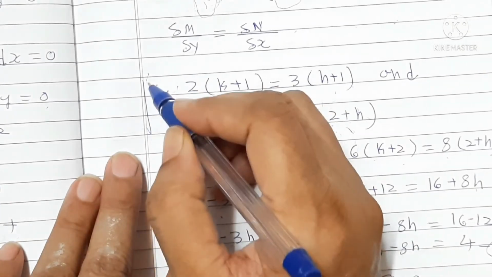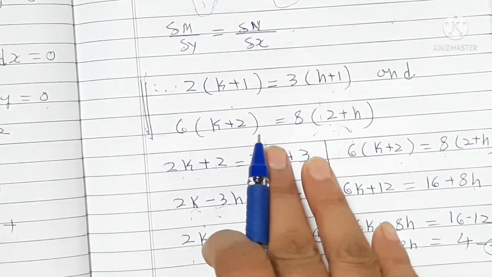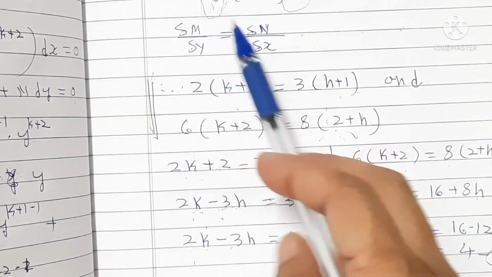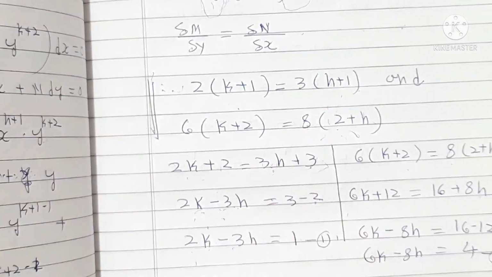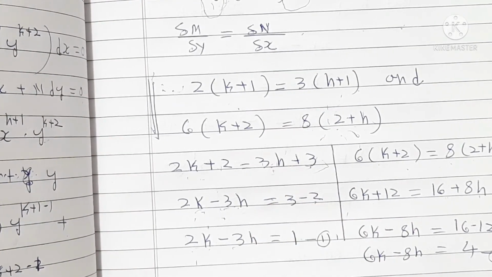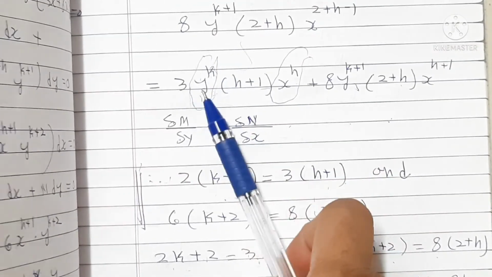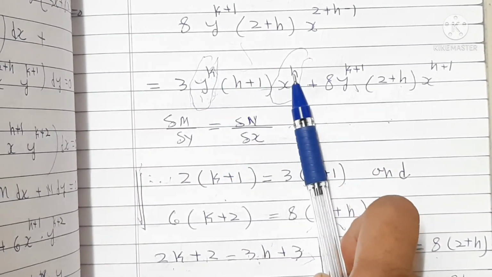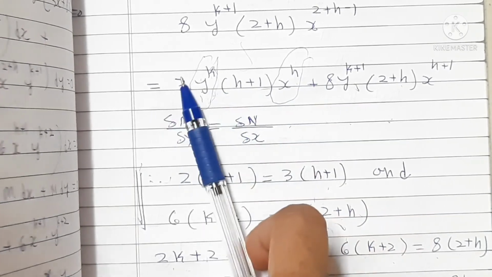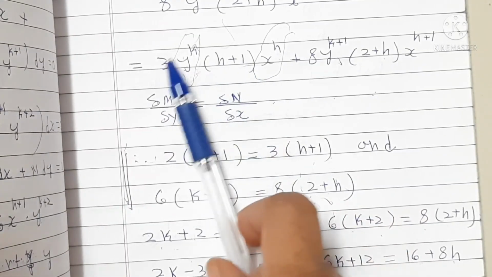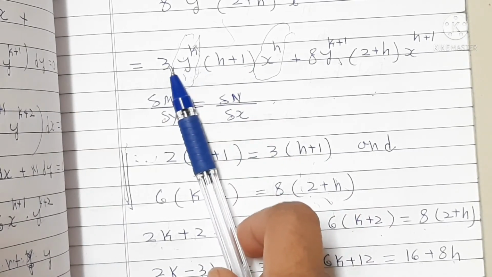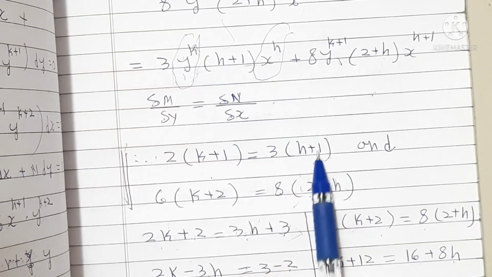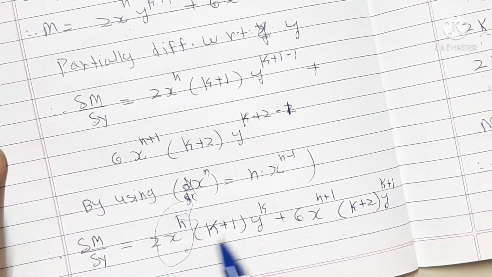After you get the dM by dy and dN by dx, simply compare them, keeping y raised to k and x raised to h on one side, and the terms which are in constant form, that is 3 as it is, h plus 1 as it is, and 2 in the other form, 2 and k plus 1.